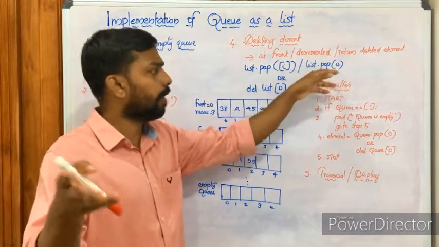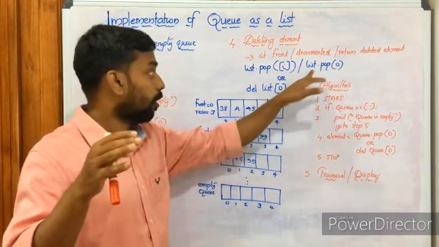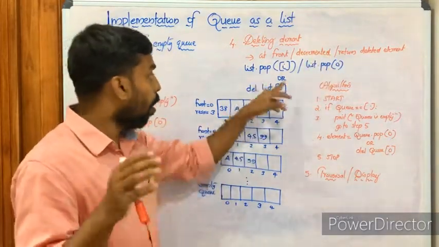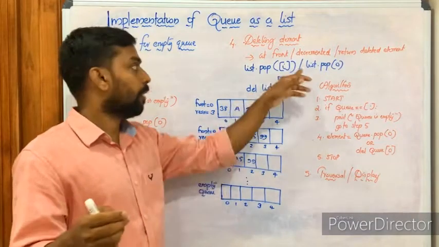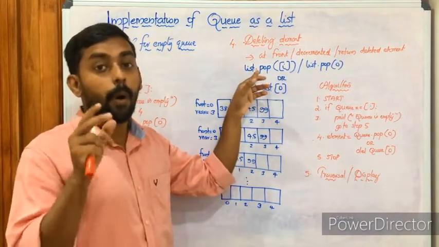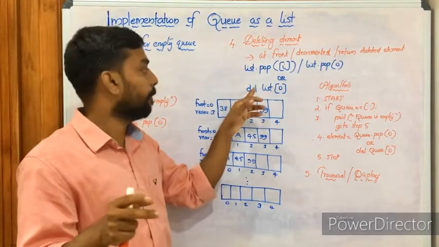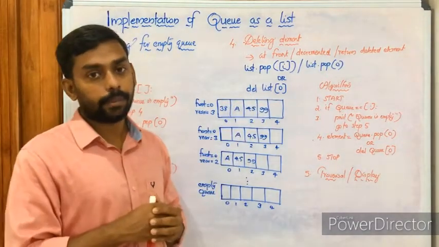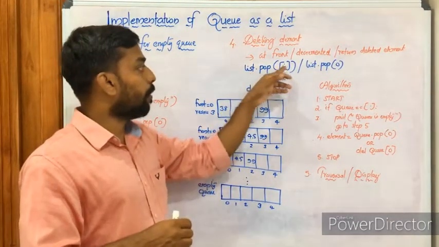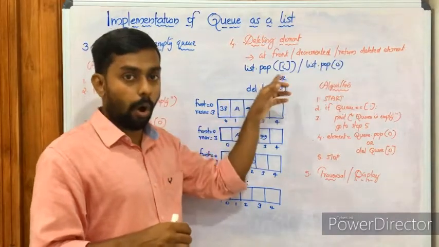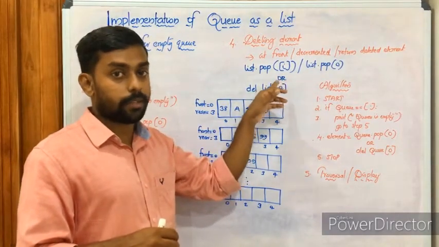So you can apply list dot pop of 0, or you can apply the delete statement. Either you can use the pop function, or you can apply the delete statement, delete list of 0.